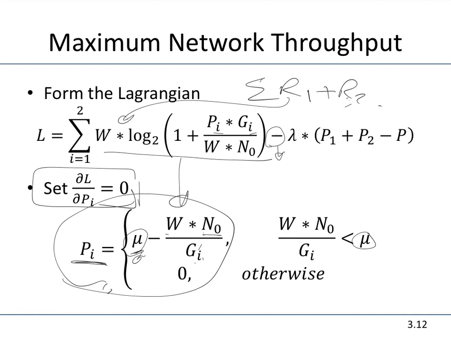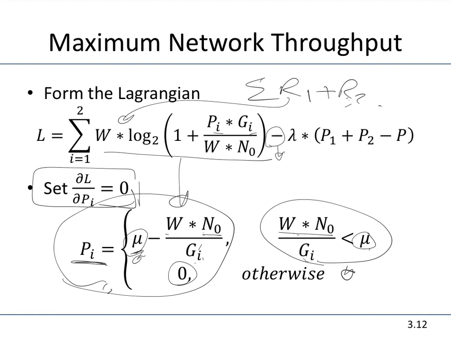If this condition is not fulfilled, which means that the ratio between the noise and the gain is above mu, which means that the noise is very high and the gain is very low, which means that this user has a very bad channel, really bad that it's above mu, and mu acts as a water level. If it's above mu, then it's better not to give any resources to that user at all, which means that it's zero.